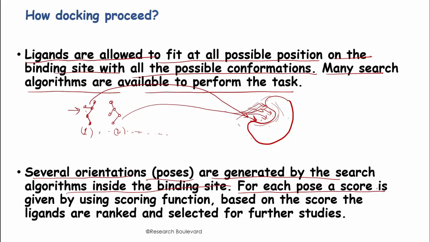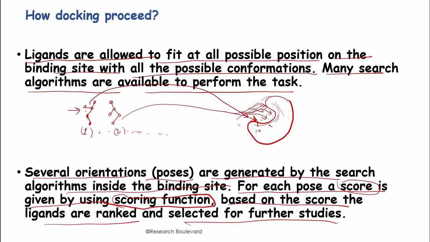So based on the score, you can rank them. You will take those conformers which have the highest score in the top list, like 10, 8, 7. This can be the first, or the third conformer, or the seventh conformation, or something else, right?